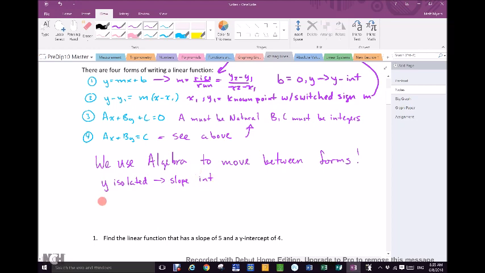Automatically, if you know slope and any point, then you automatically go to slope-point form.